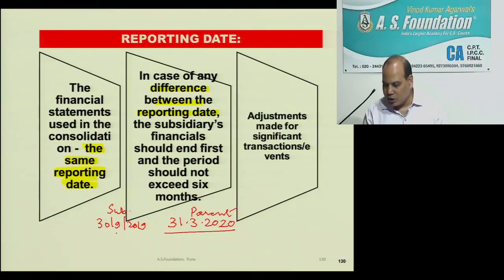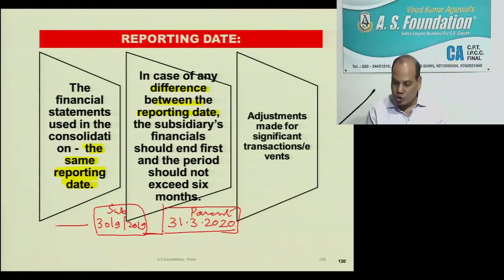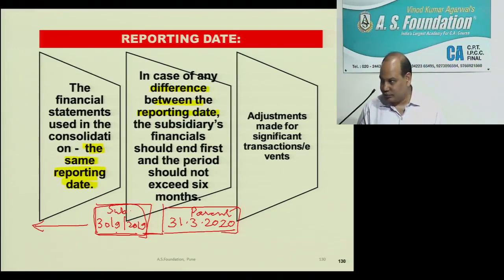So the subsidiary balance sheet should be either this date or any date after that date up to 31st March 2020. It should not be before this date. If it is before this date, then it is not acceptable. They have to prepare a consolidated balance sheet as on 30th September 2019 or any date after that date. The gap should not be more than 6 months.